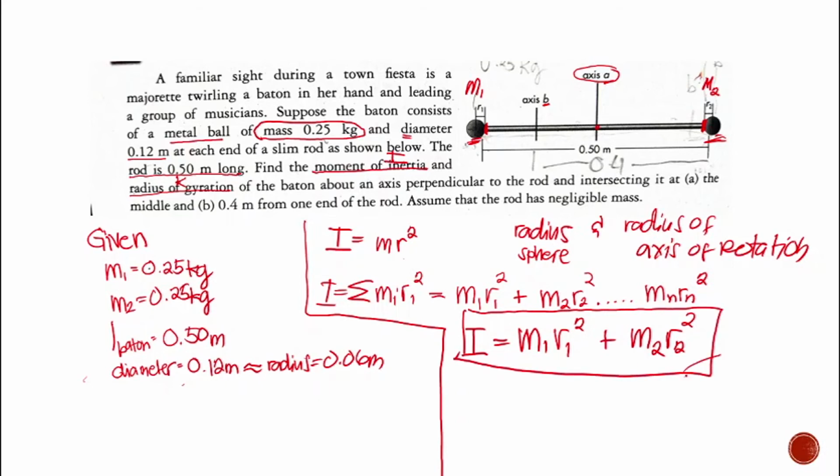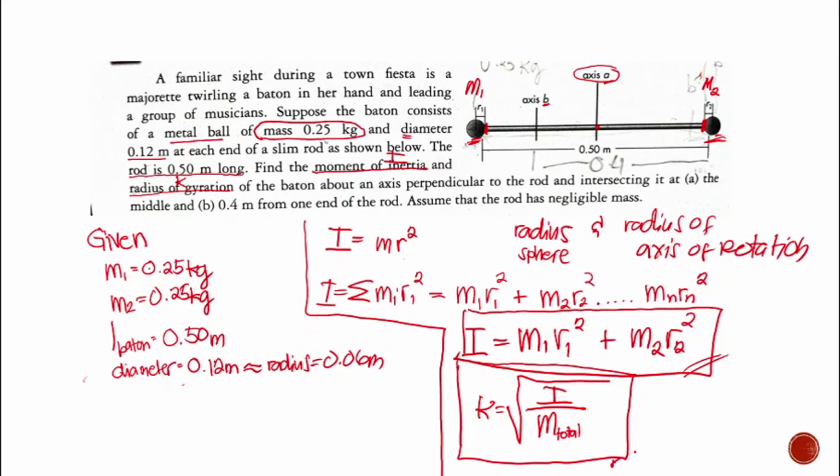And of course, yung radius of gyration, which is represented by your letter K, is simply the square root of I over M. Actually, this is M total. Depende kung ilan yung mass. In this problem, dalawa. So, meron na tayong given, meron na tayong mga equations. We are now going to proceed with your problem solving.